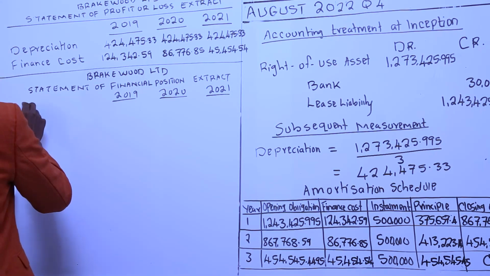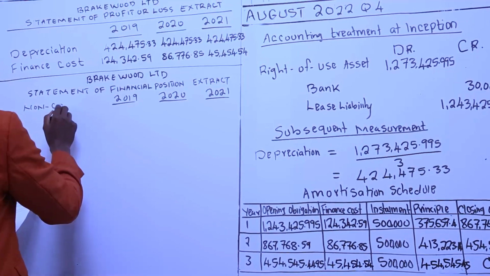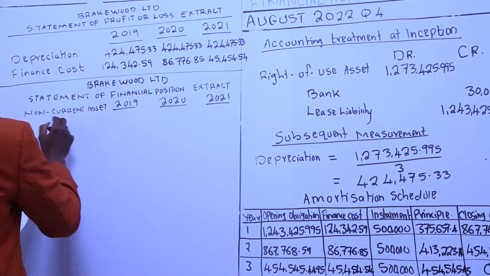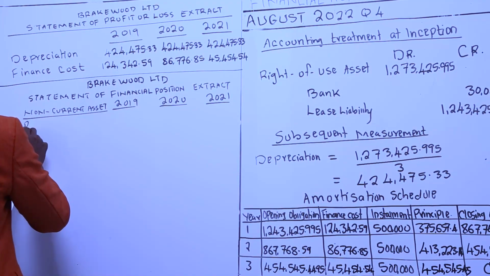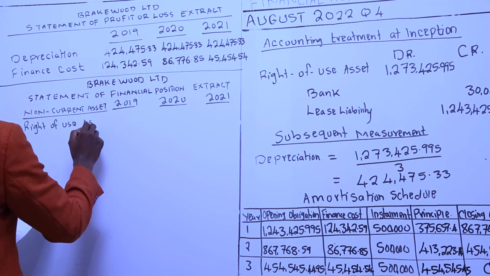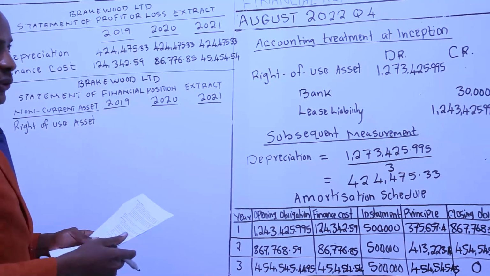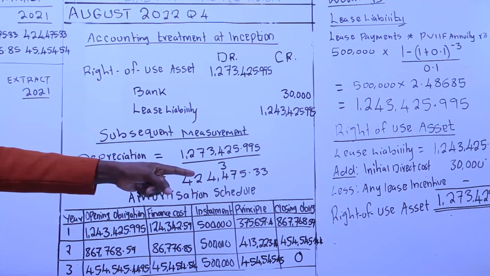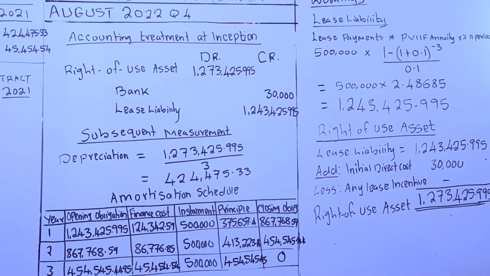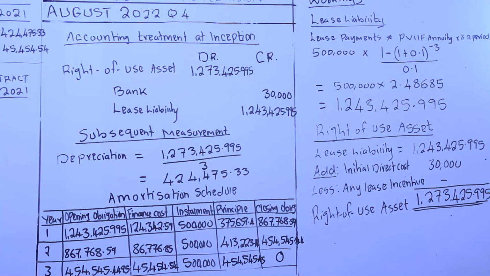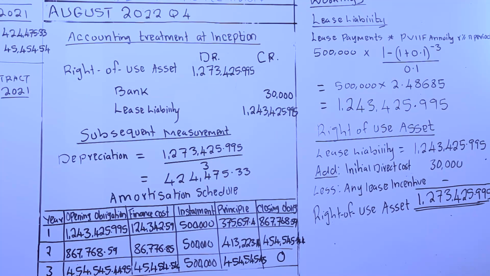The first thing is non-current asset. Under the non-current asset, we have the right of use asset. Under the right of use asset, we computed the value in our workings to be 1,273,425.995.